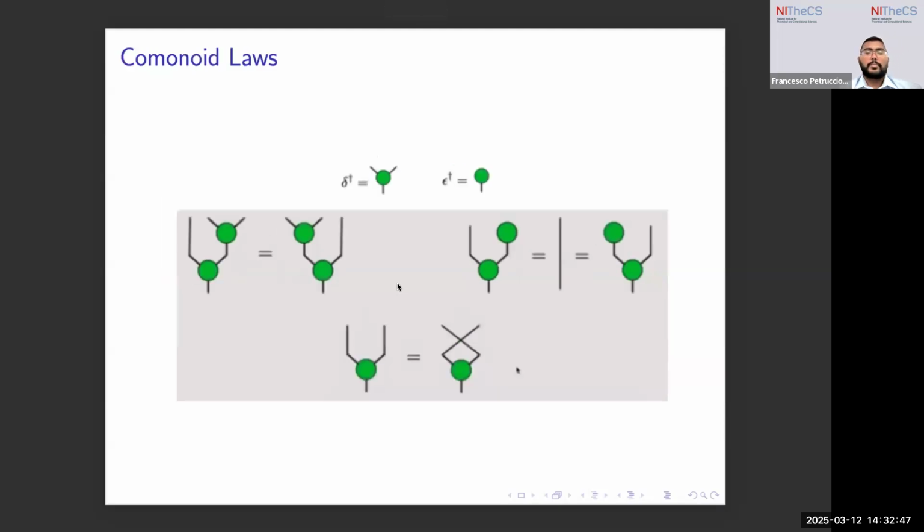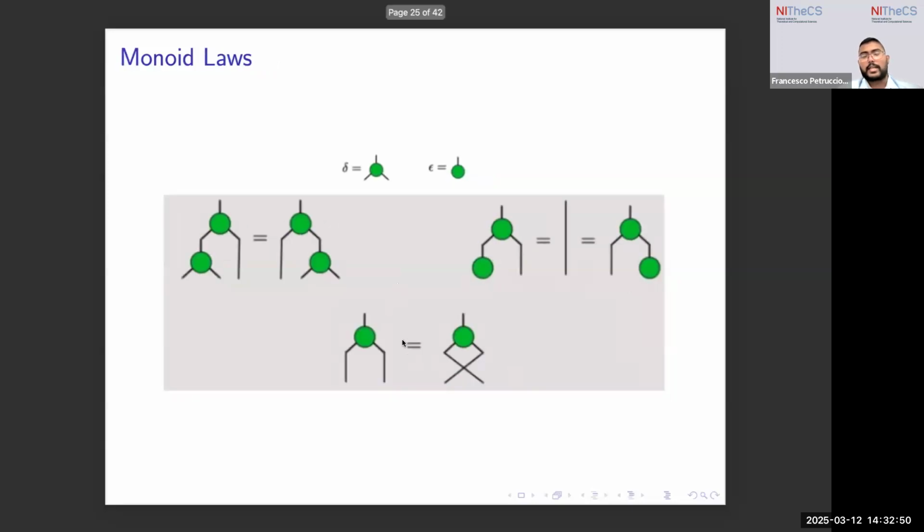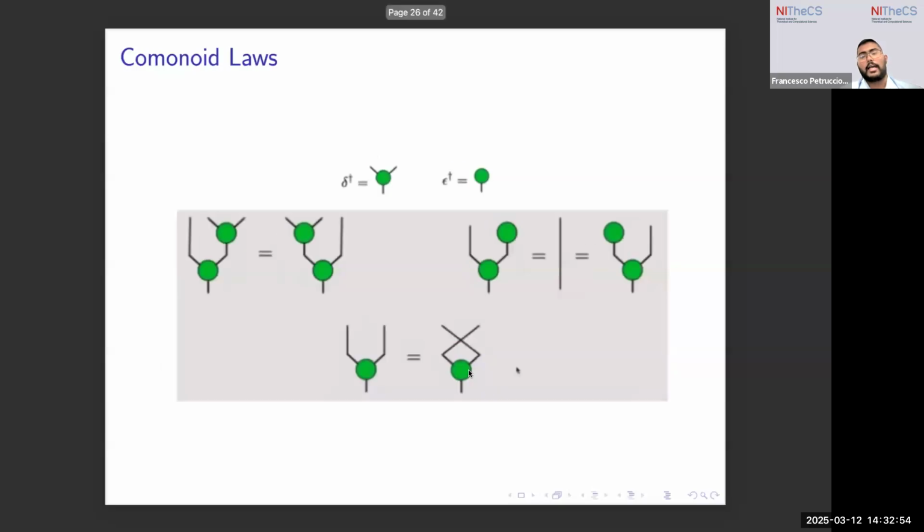Now, if I flip everything, so in this previous slide, if I rotate everything by 180 degrees, I get this picture here, which we call the comonoid laws. So the comonoid laws will have this operation on the top from A going to A tensor A, and we'll have this effect epsilon dagger.